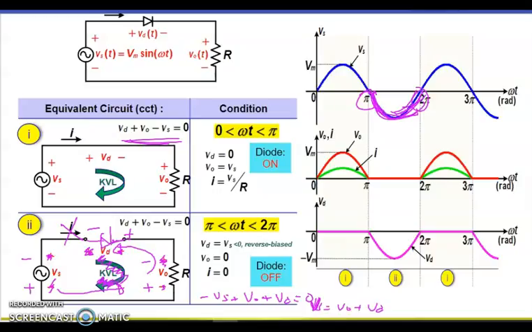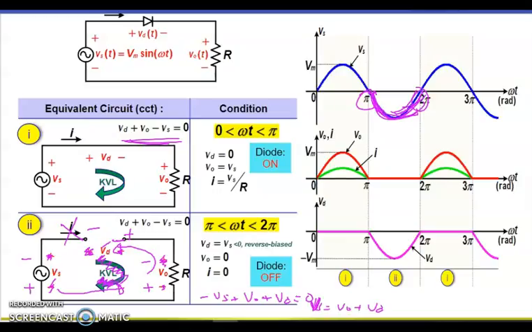When the diode is reverse bias, it behaves like an open circuit. So it is no longer considered a short circuit like the forward bias, but it is an open circuit. So for analysis we can represent the diode as an open circuit.